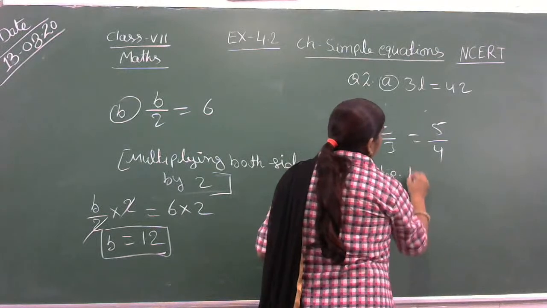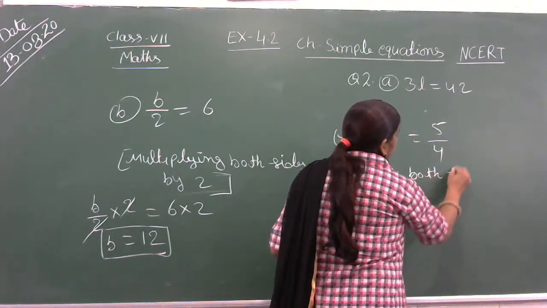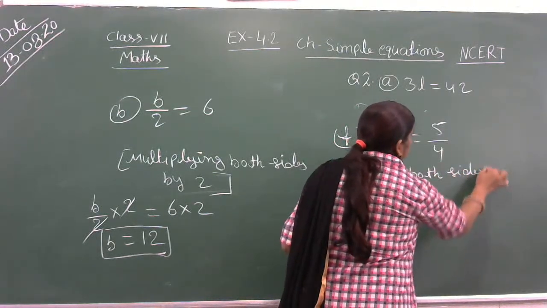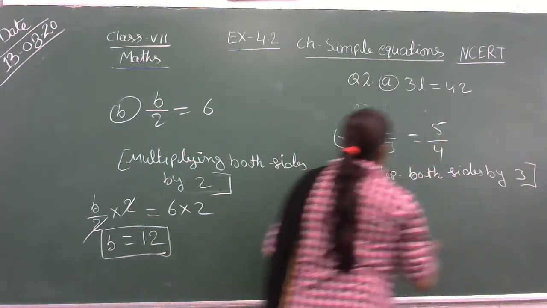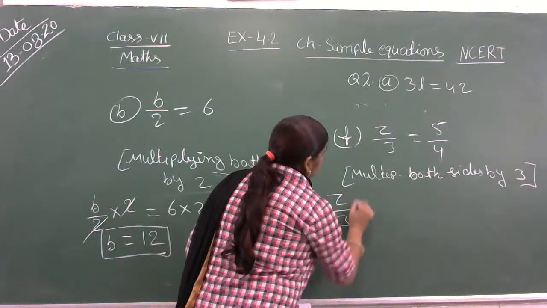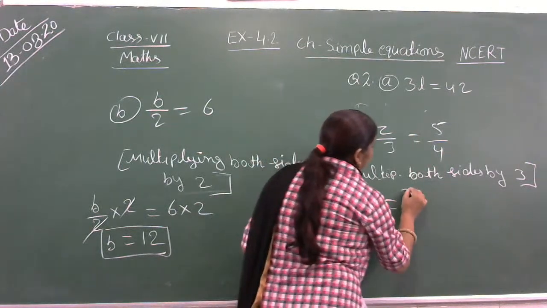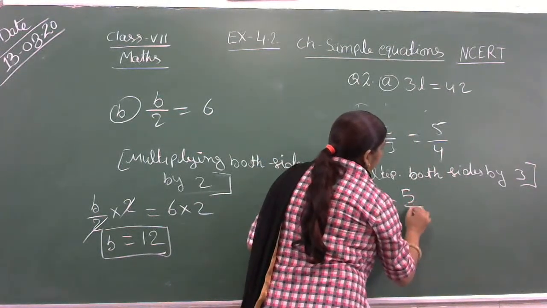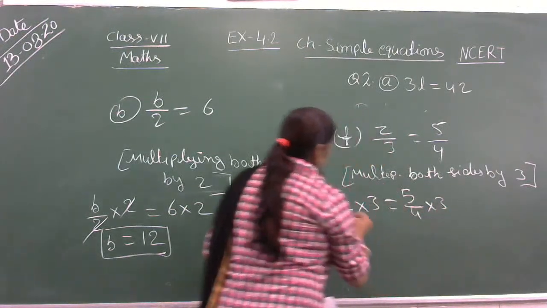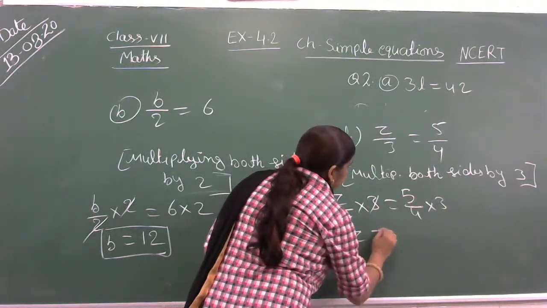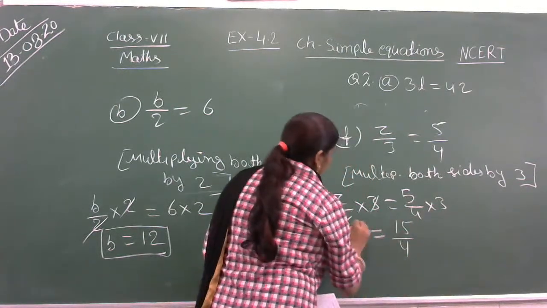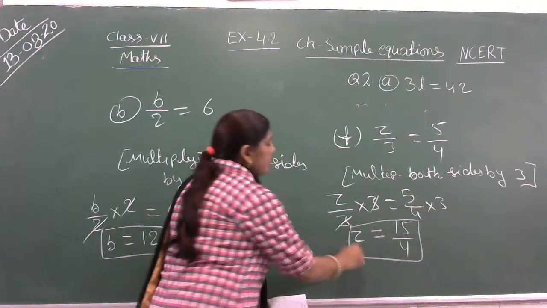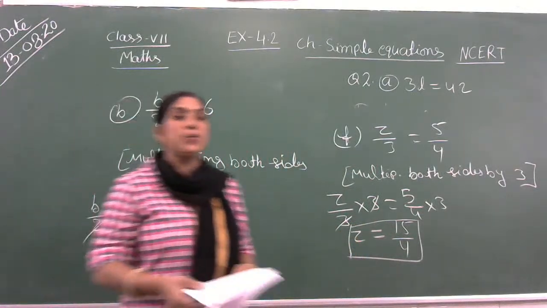Multiply both sides by 3. z upon 3 multiplied by 3 equals 5 upon 4 multiplied by 3. The 3 cancels. z equals 15 upon 4. This is your answer.